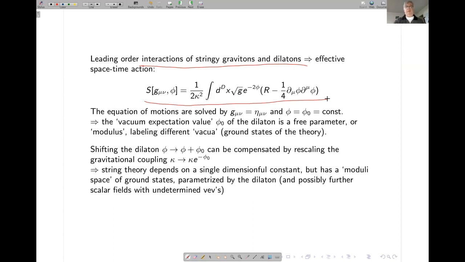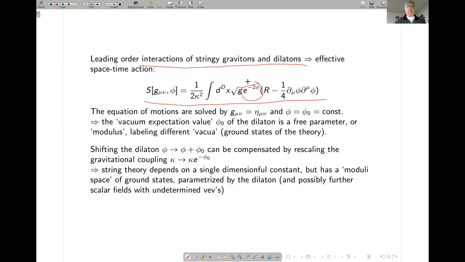So you will see here that there is a Ricci scalar, so it is a generalization of the Einstein-Hilbert action. It has a kinetic term for the dilaton, but it also has, because I've written it in a particular way, an overall exponential of the dilaton in front here. And this has some importance.